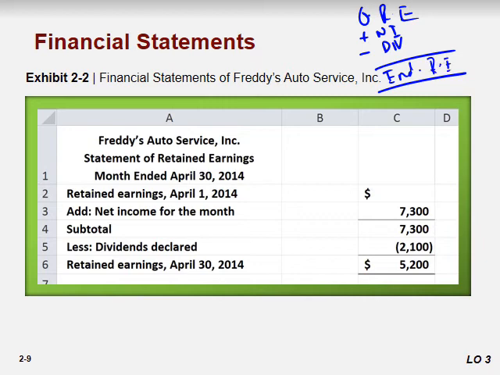So here it is. We earned 7,300 of income, and the company paid 2,100 dividend, and 5,200 is the retained earning at the end of April 2014. So remember, we don't have any balance for beginning retained earnings, right? So that's why there is nothing here.